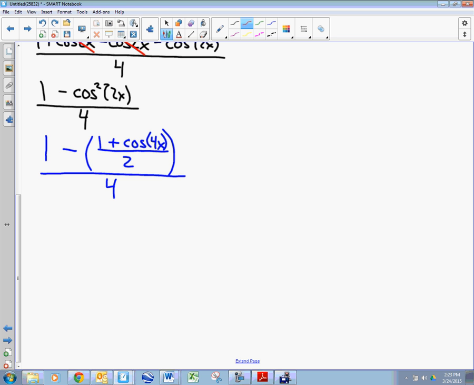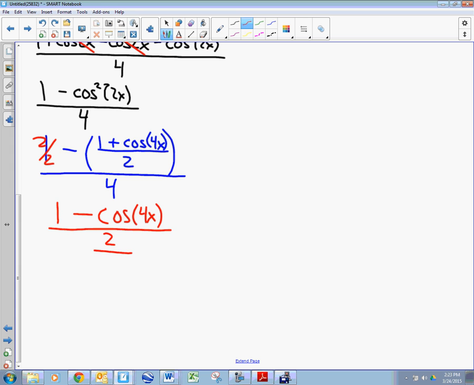Okay, I'm going to take the number 1 and rewrite it as 2 over 2. So I end up with 2 minus 1, which is 1, and I distribute my negative: minus cosine of 4x, all over 2.